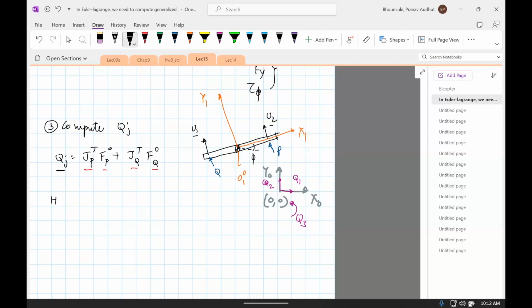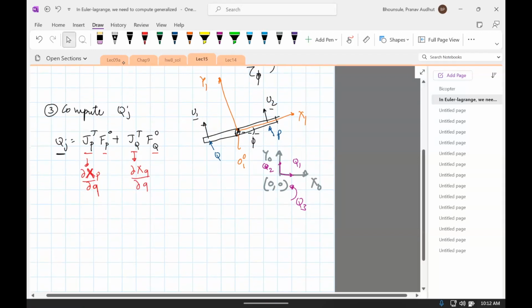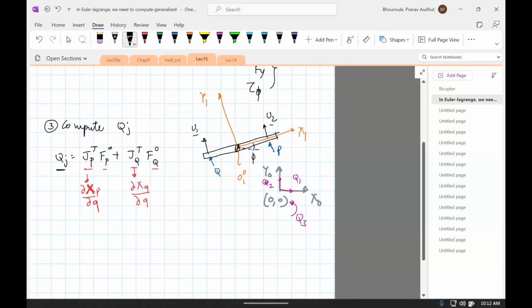So what is Jacobian of P? It's basically dx capital X P dq, and this is dx Q dq. Or I think I should change my notation. It's going to be confusing. Let's call this R so that we are not stepping on the other variable we've used. So R, and then dxr dq.